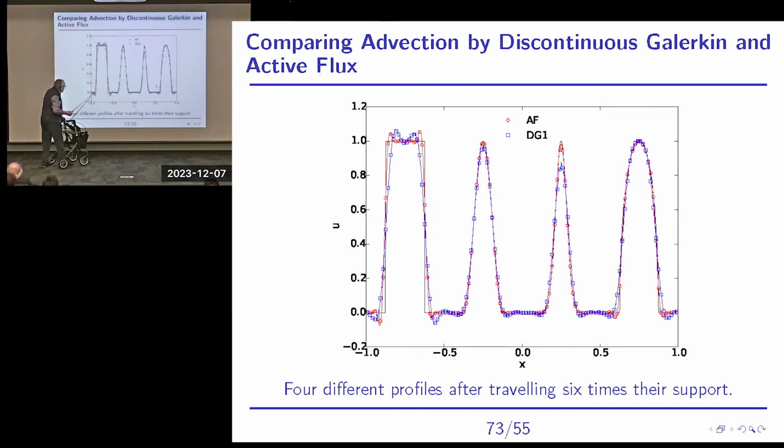They're actually pretty much in agreement with that theoretical prediction of a factor of 2.5. The overshoots are less, and they do not contaminate the regions in between the waves as much. So these are properties that I want to try and extend to higher dimensions and more complicated problems.